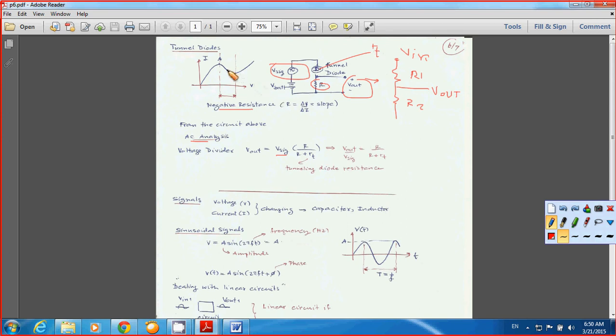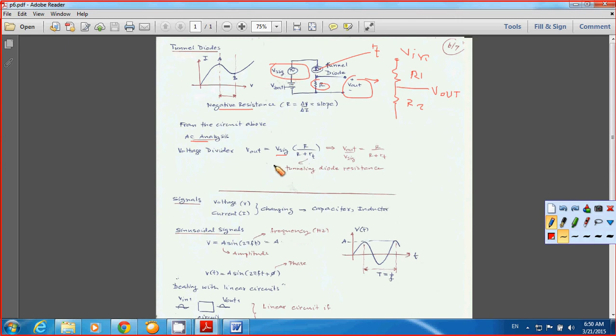It's obvious that when RT becomes negative in the range from A to B, this denominator gets smaller than R because it is R minus something. So V out becomes larger than V signal. That means you amplify your input signal.